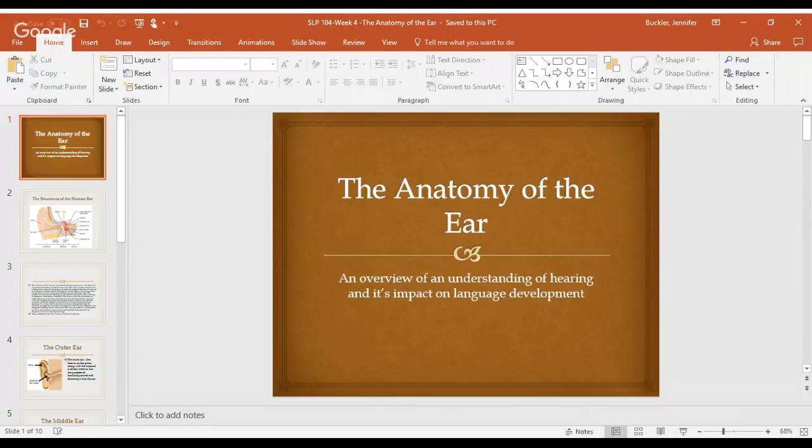The oval window that is at the connection between the stirrup and the cochlea is how the energy enters the inner ear. The cochlea itself has hair cells in it. I just spoke about that in the last slide. And it's the job of the cochlea to change the mechanical energy into electrical energy and send that message that is then interpreted by the brain.